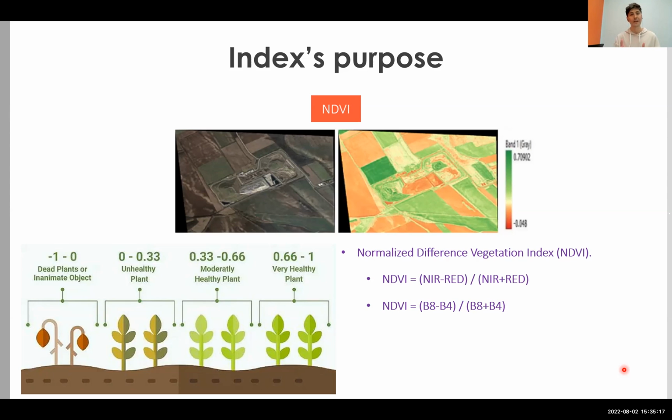For example, in this case, we only use the near-infrared and red bands, and that is going to allow us to understand if the vegetation cover is healthy or not. In this case, the NDVI value goes from -1 to 1, and when you have a value higher than 0.5, it means that you have a healthy vegetation cover.